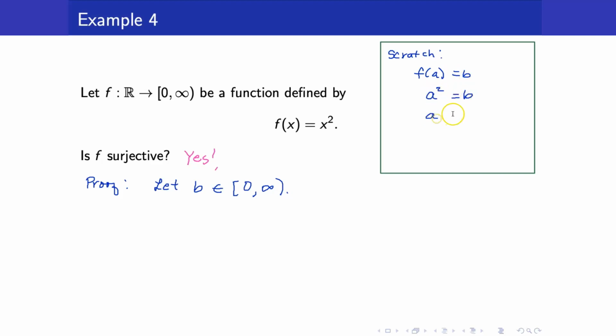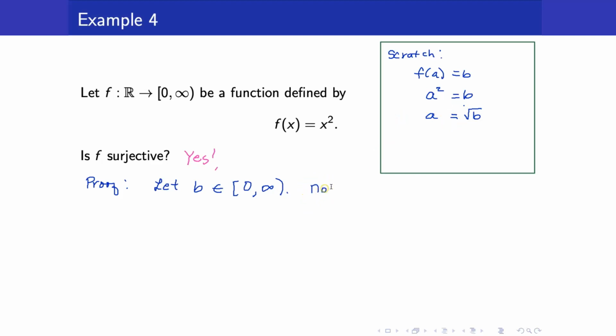What is the value of a? Take note that b is non-negative. So therefore, we can get the square root of b. Actually, you can take a to be plus or minus square root of b. But all we have to do is to show at least 1. So this one will already do.